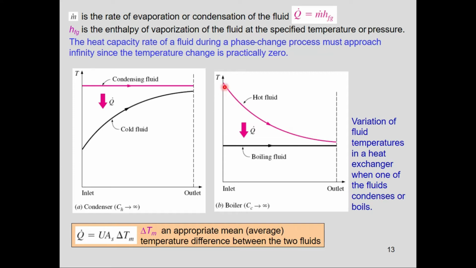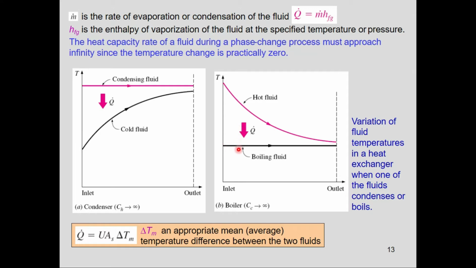So at the entrance, the hot fluid will have the higher temperature, and at the exit, the hot fluid will have the lower temperature. But the heat which is taken from the hot fluid by the boiling fluid is being used to boil the fluid, or to convert the liquid into the vapor state.